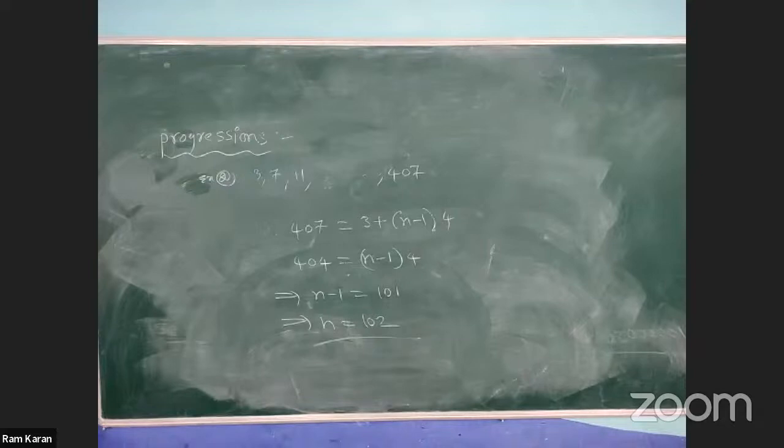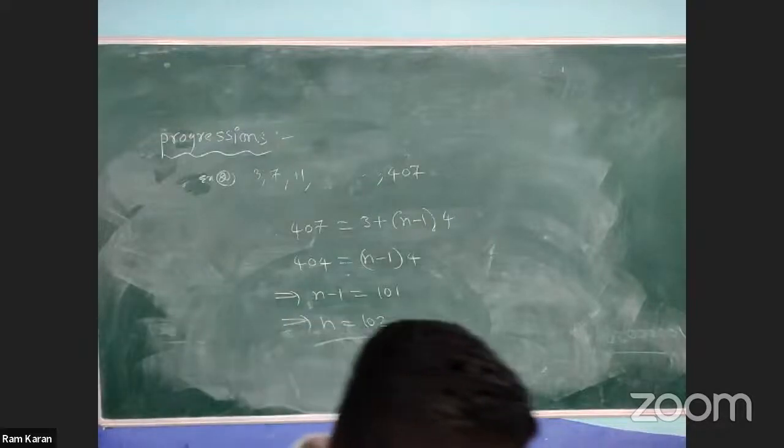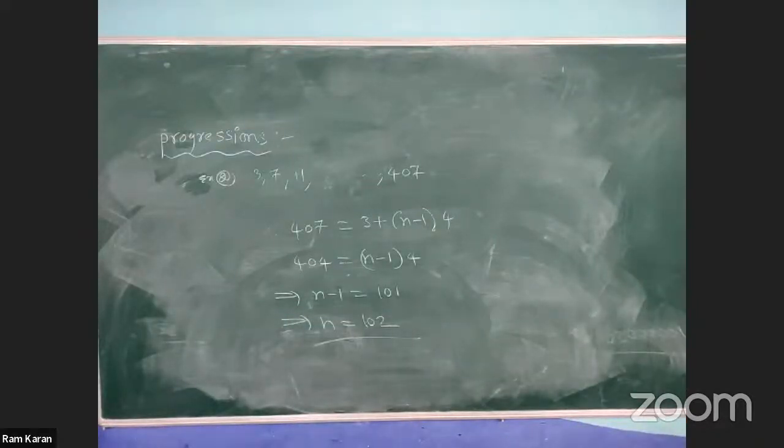Next example in AP: 5 times the fifth term is equal to 8 times the eighth term.